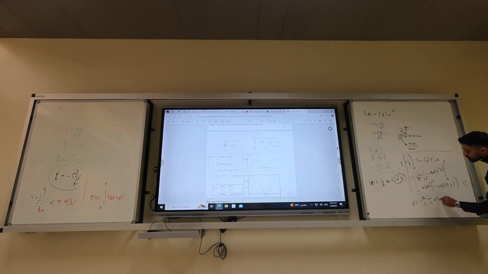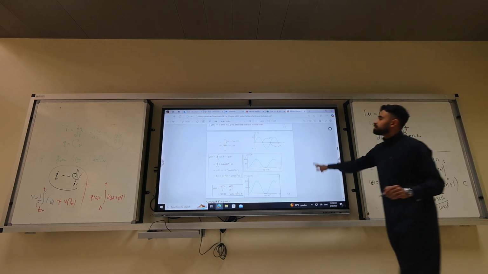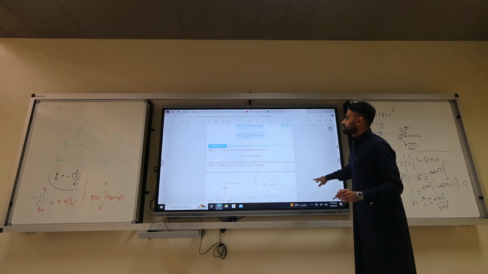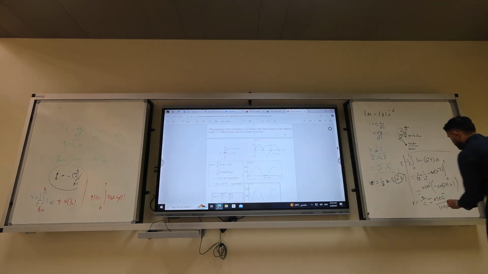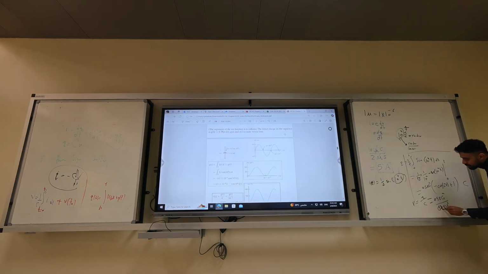So you'll have 0.5 times 10 to the minus 4 divided by 10 times 10 to the minus 6. Is it 10 micro? Yes. No, 0.1 micro. 0.1 micro. And then times that equation, which is 1 minus cosine 10 to the 4 t.